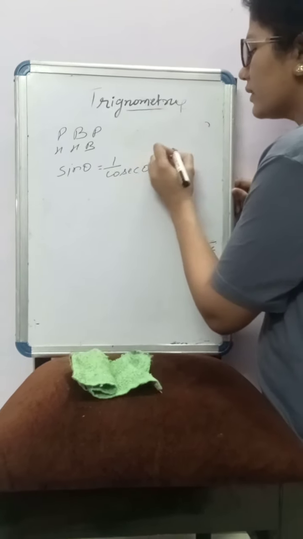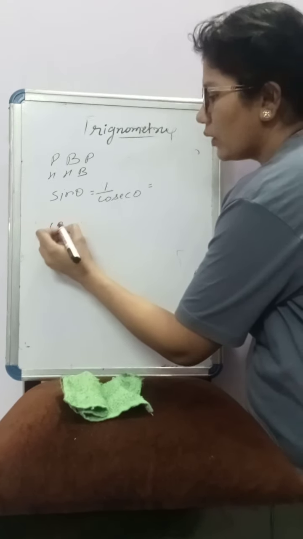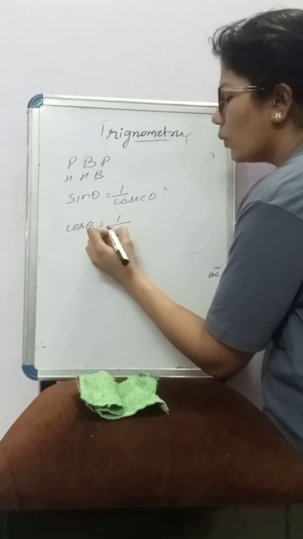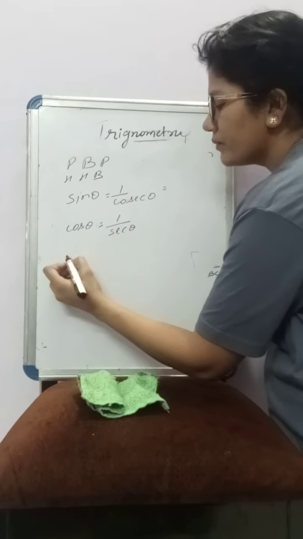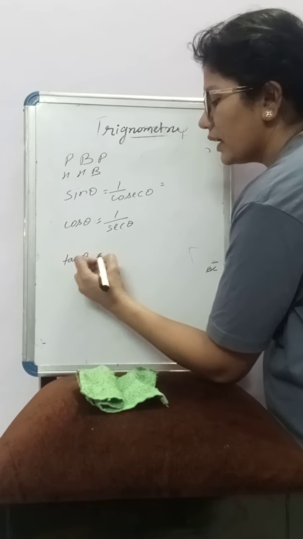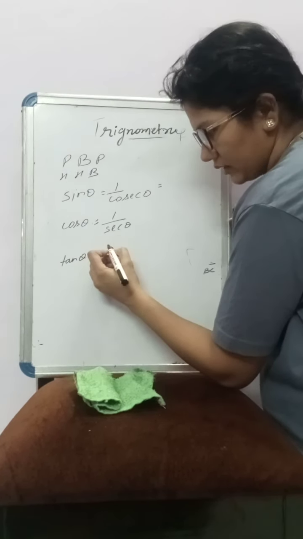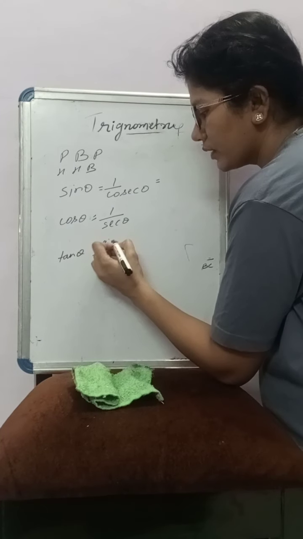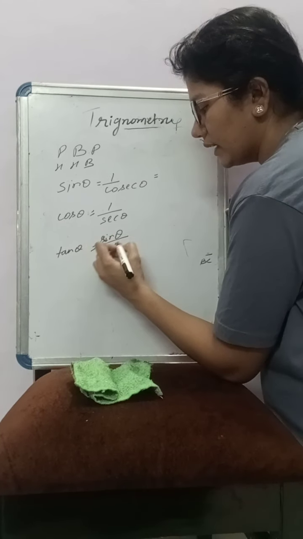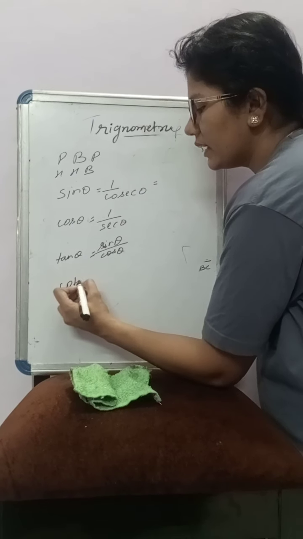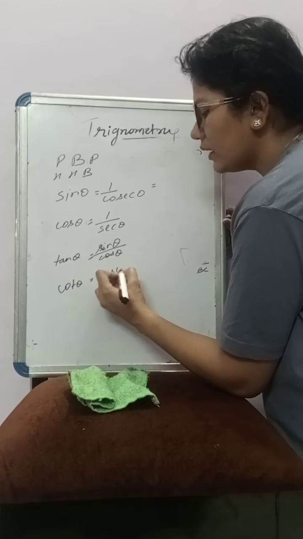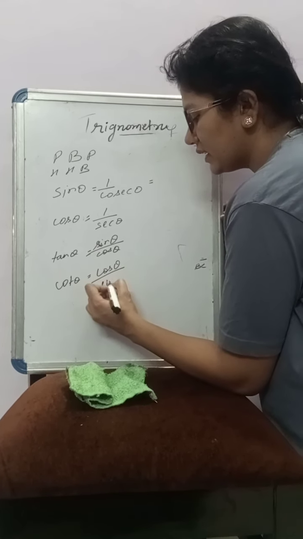Next, cos theta is basically 1 upon sec theta. Tan theta is sin theta upon cos theta, and cot theta is cos theta upon sin theta.